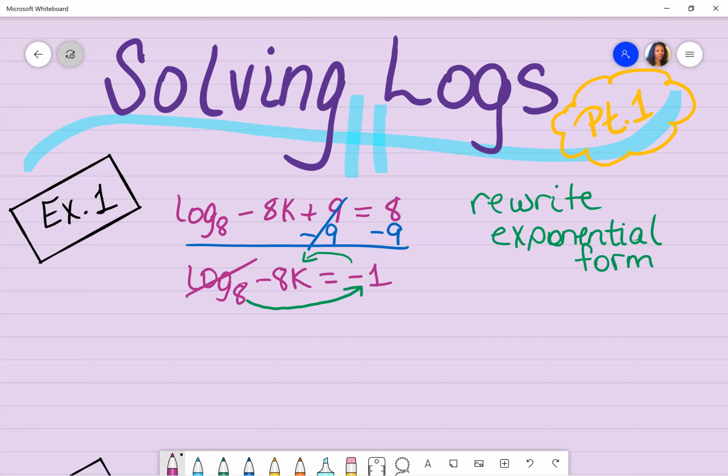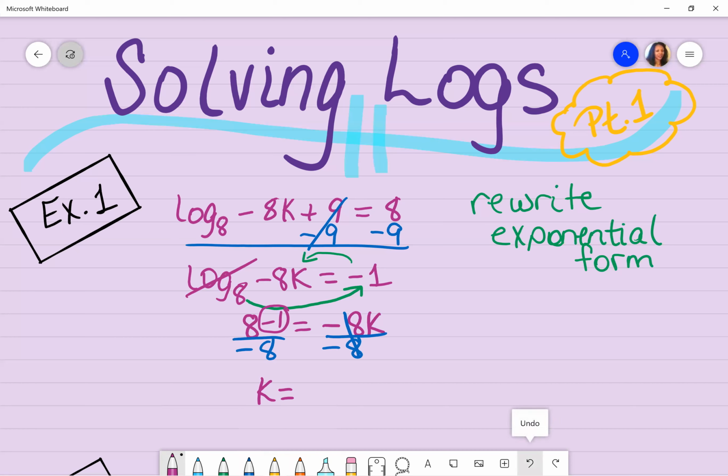Solve for k, and that means I'm going to divide both sides by -8. I'm just going to flip it around. k is equal to, at this point, you should understand how a negative exponent will affect the base in front of it.